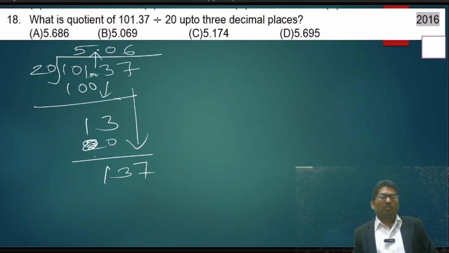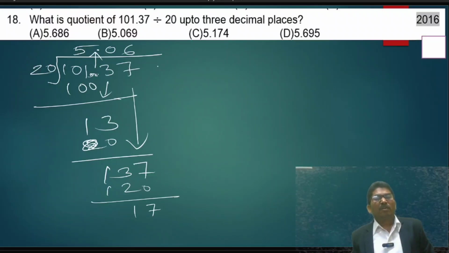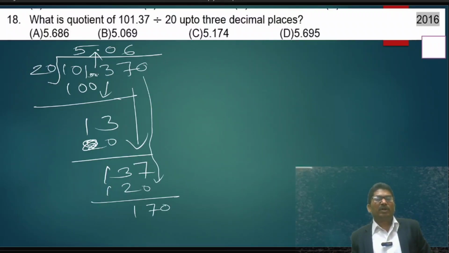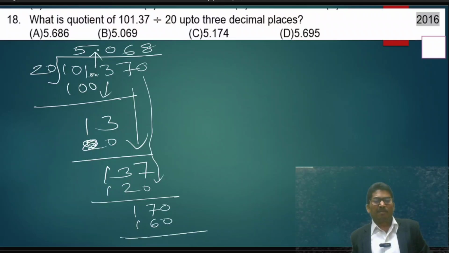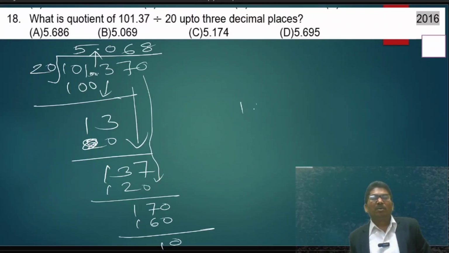6 20s are 120. 17. Bring down 0. 170. 8 20s are 160. 10.